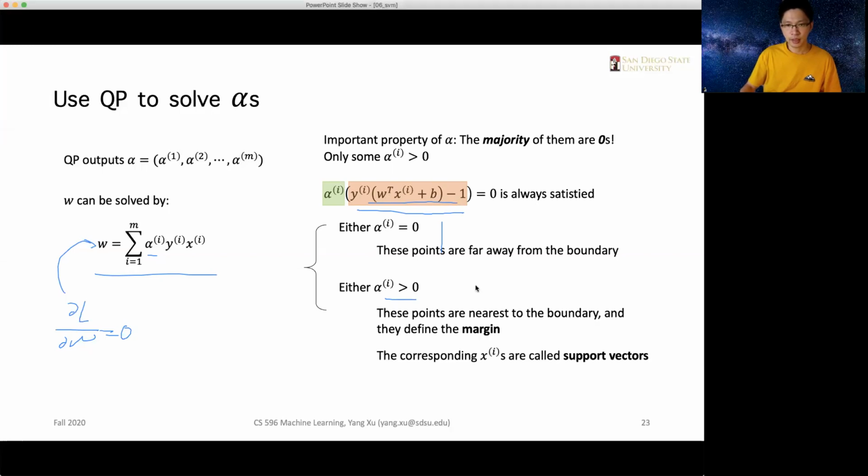The data points corresponding to alpha greater than 0 are exactly the data points that define the margins.